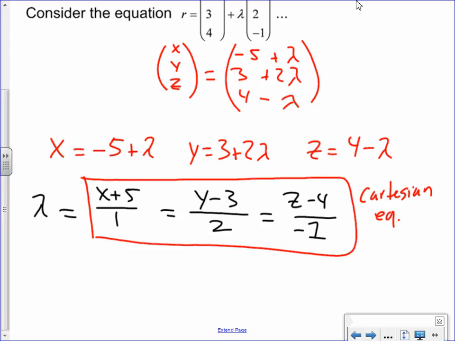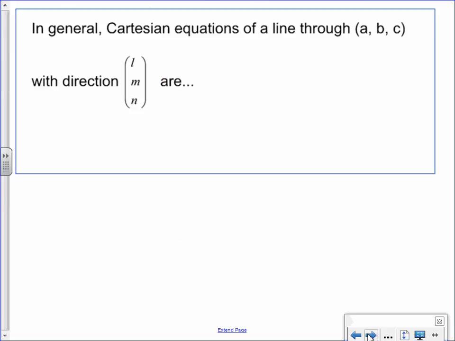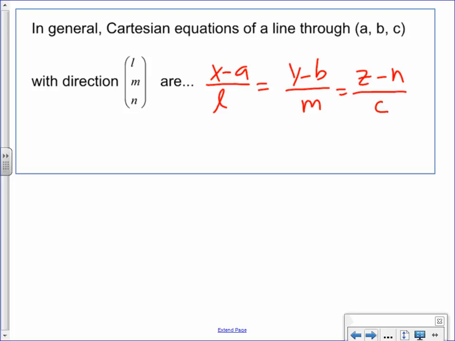So in general, if you have a line through a, b, c, and the direction is l, m, n, you would just take x minus a over l, which is y minus b over m, which is the same thing as z minus c over n.